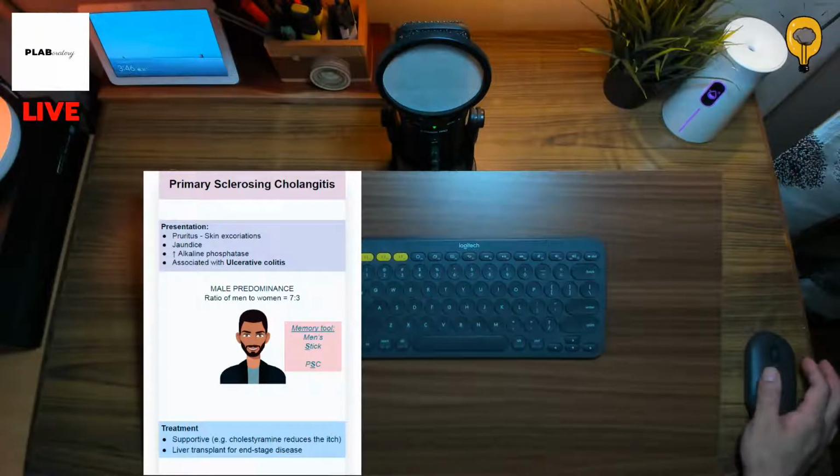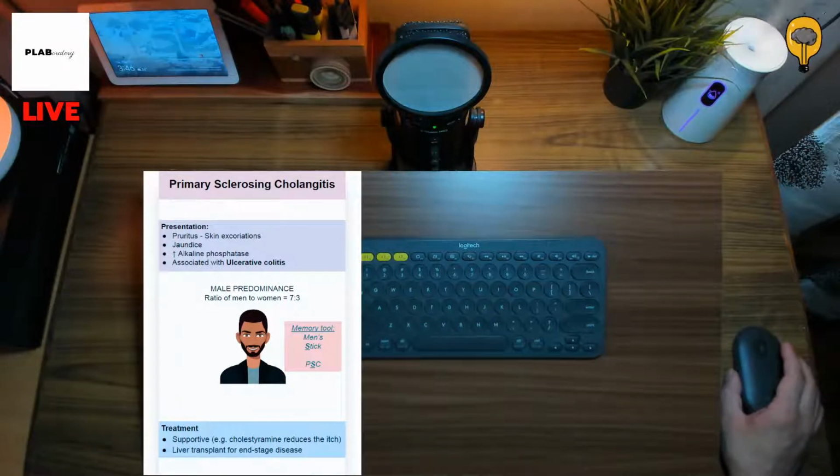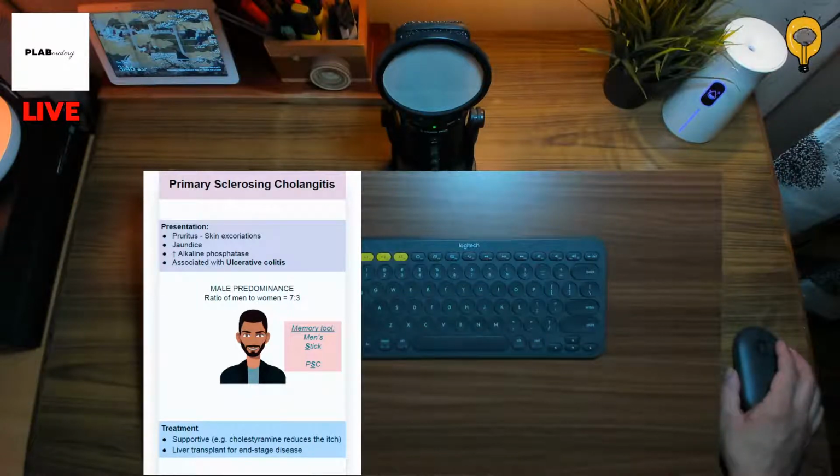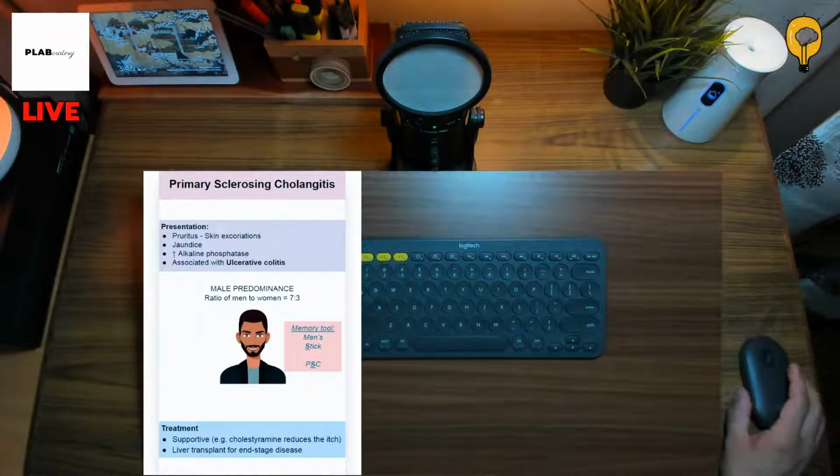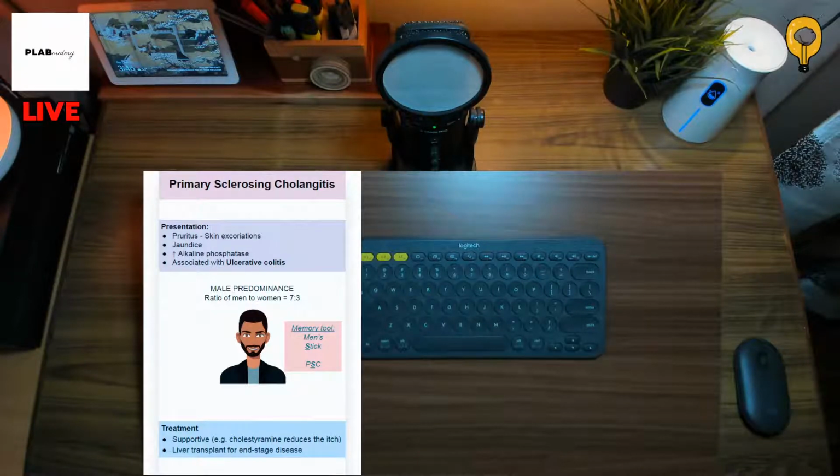And here also we will have pruritus. The symptom presentation would be pruritus. Then jaundice would be there, alkaline phosphatase would be raised, but this is not associated with autoimmune conditions. This is associated with ulcerative colitis. And here the treatment would be cholestyramine, which will help in reducing the itching or relieving the pruritus.